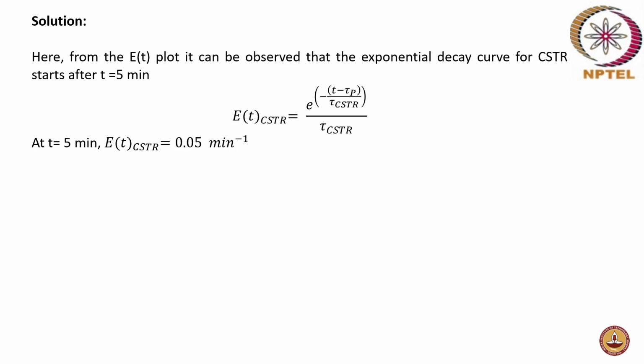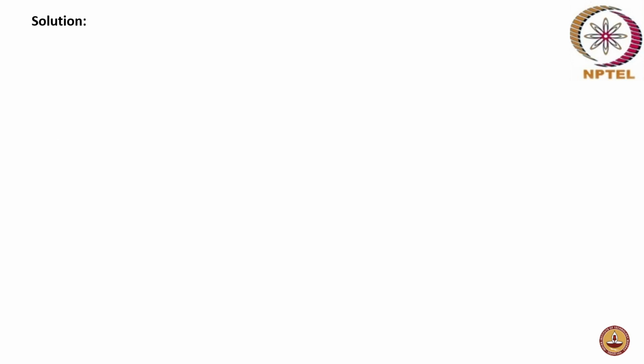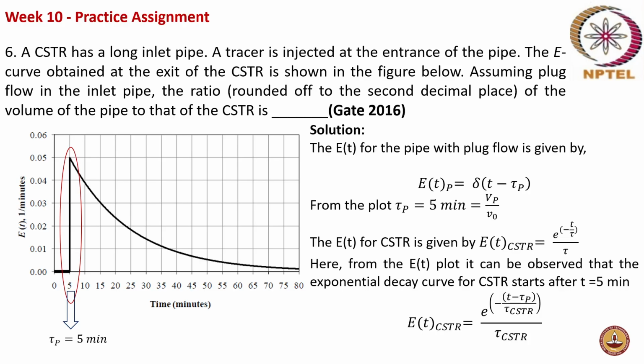At t equal to 5 minutes, the E of t value is 0.05 minute inverse. So in this figure we can see that at t equal to 5, the E of t value is 0.05 per minute, because 1 by minutes is minute inverse.